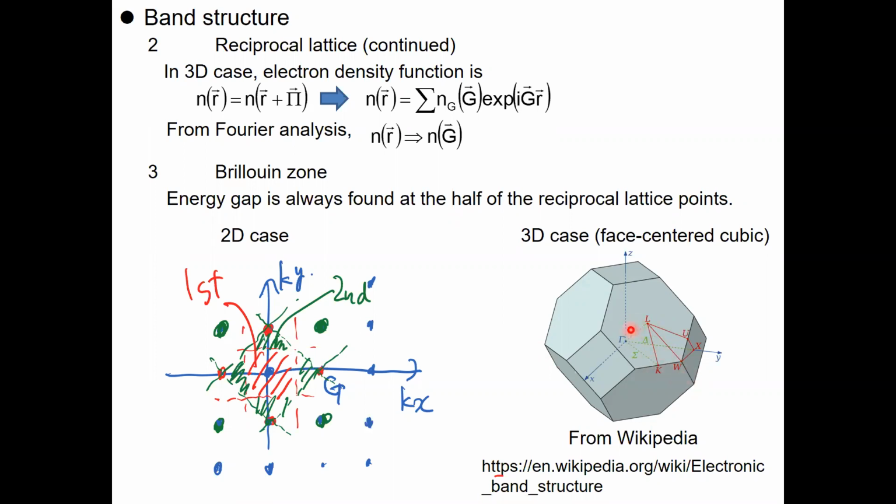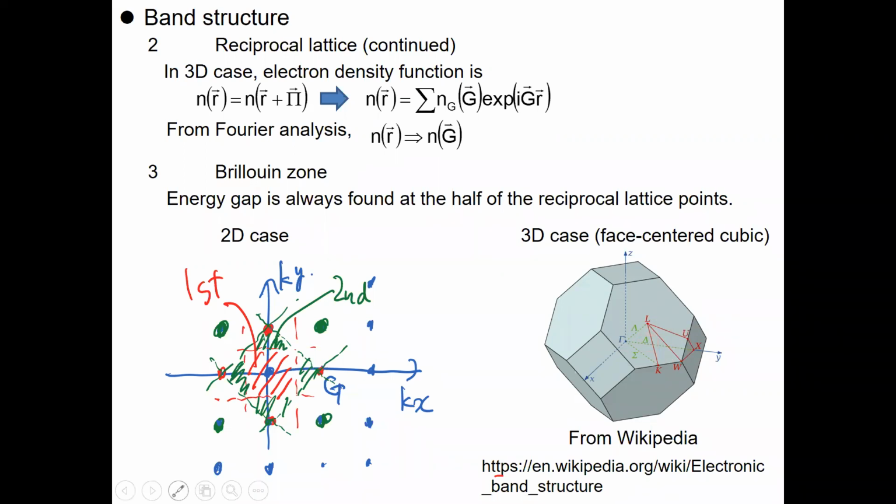For example, here the gamma position is the K equals 0 position. If you go into the 111 direction, it is called L, and if it goes to the 100 direction, it is called X. In between there are lambda and delta. So there are several notations here.